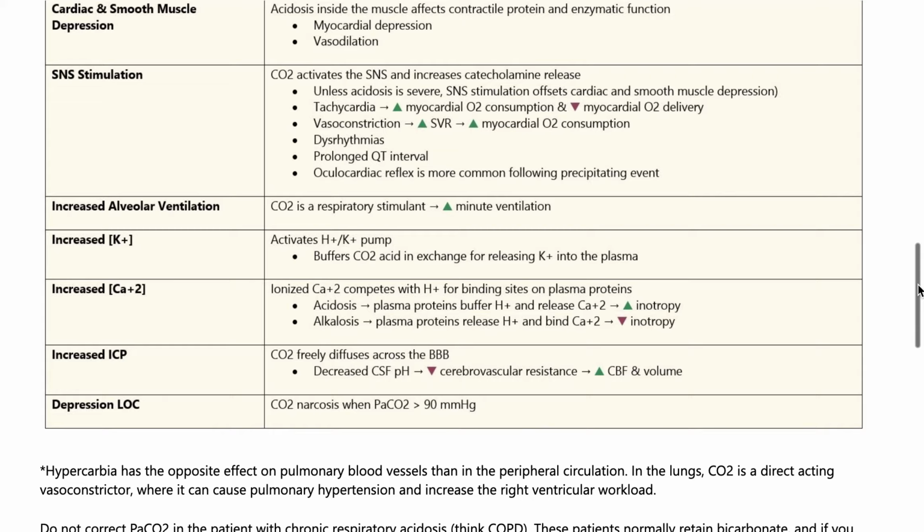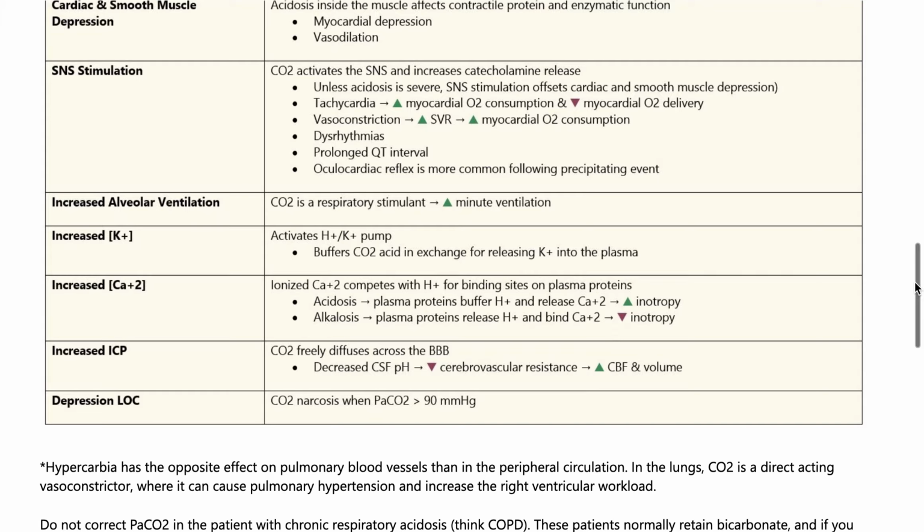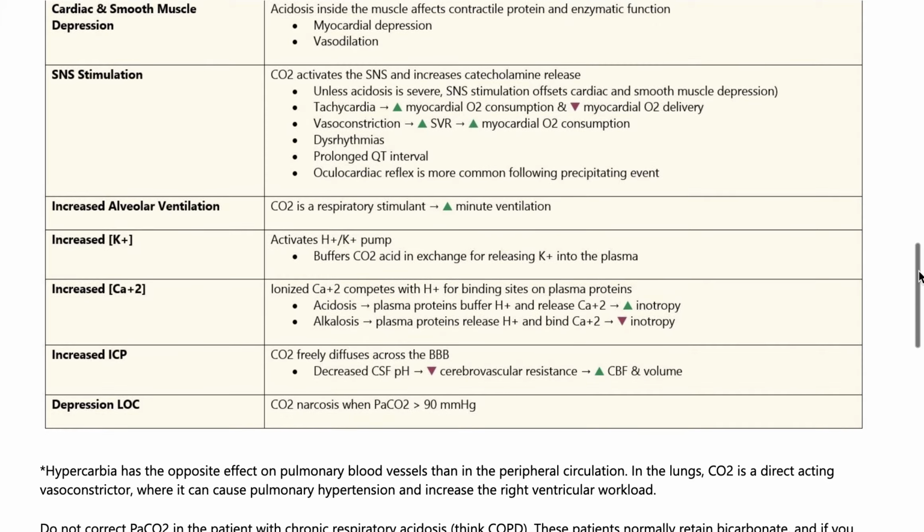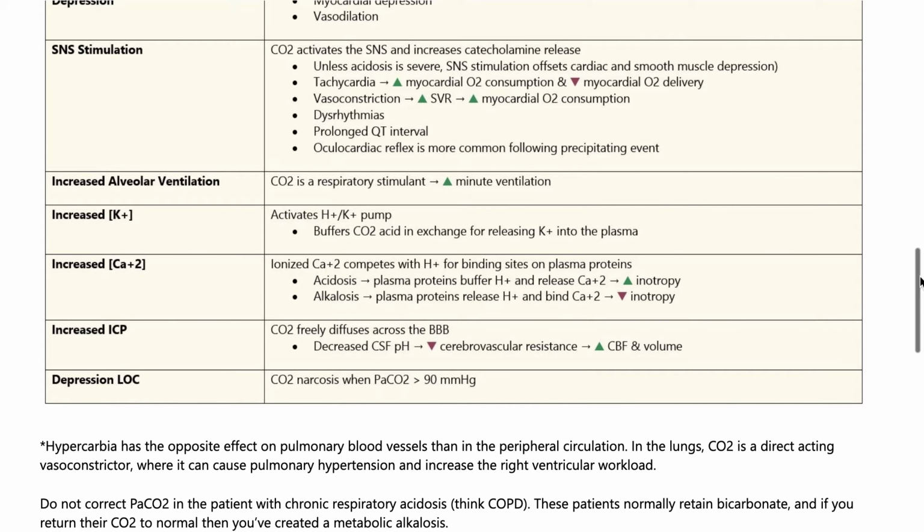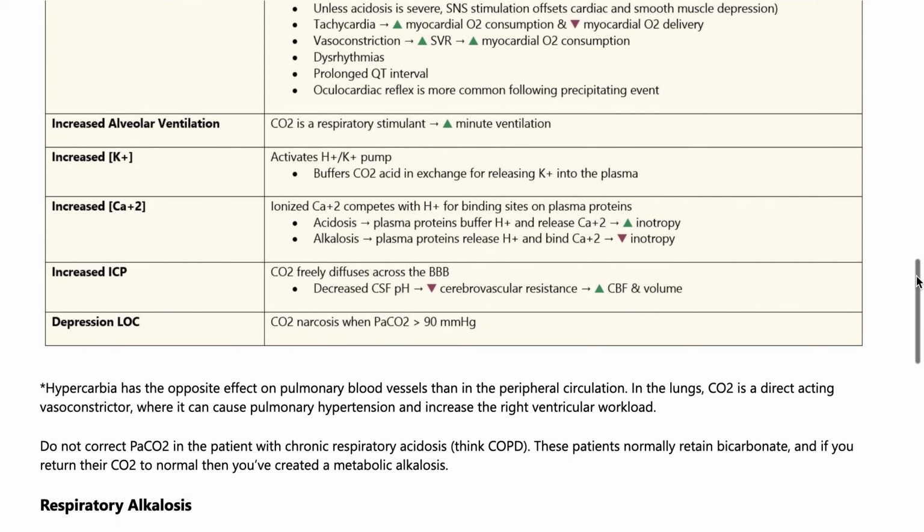So this is why calcium gets kicked off proteins and it is increased. When acidosis occurs, plasma proteins buffer hydrogen and release calcium, which increases inotropy. Likewise, with alkalosis, plasma proteins release hydrogen and bind to calcium, which decreases inotropy. So all that is kind of just different ways of saying the same thing.